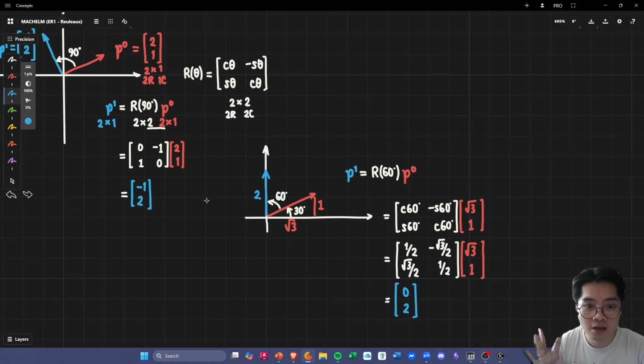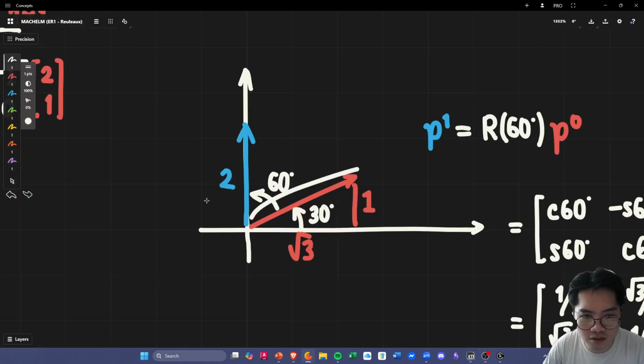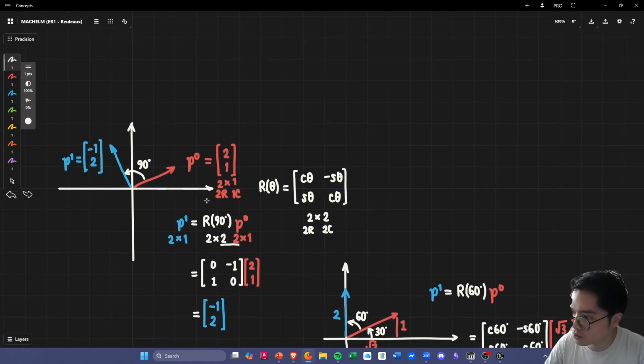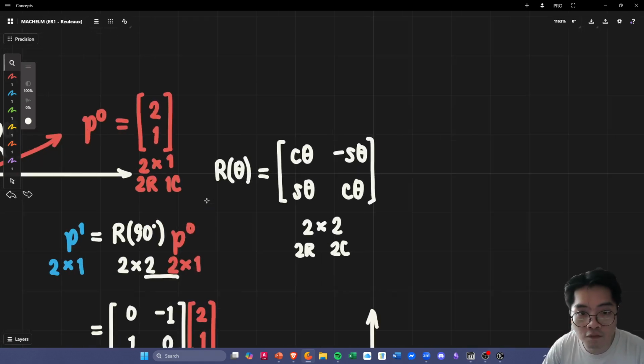And notice that the magnitude, the length of this vector, remains the same. That is the property of this rotation matrix. If you want to dig in deeper, the determinant of this thing is 1, which means that the length does not get changed.